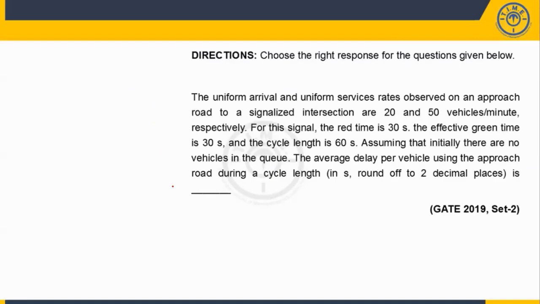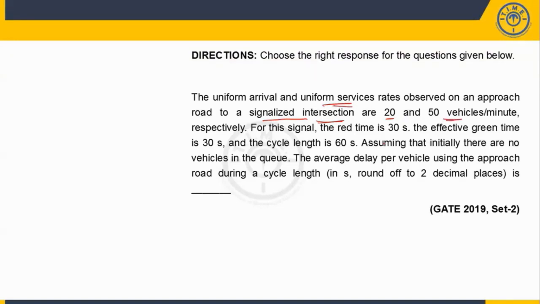Let's do this. The uniform arrival and uniform service rates on an approach road to a signalized intersection are 20 vehicles per minute and 50 vehicles per minute.